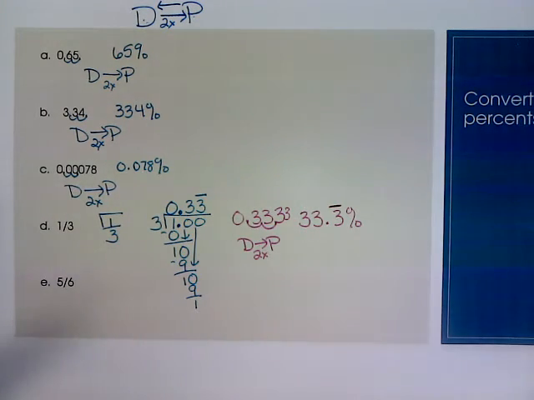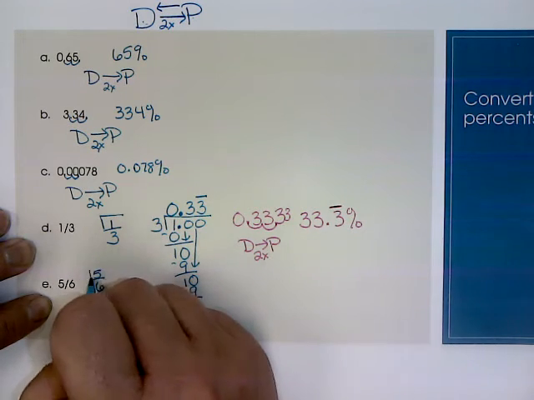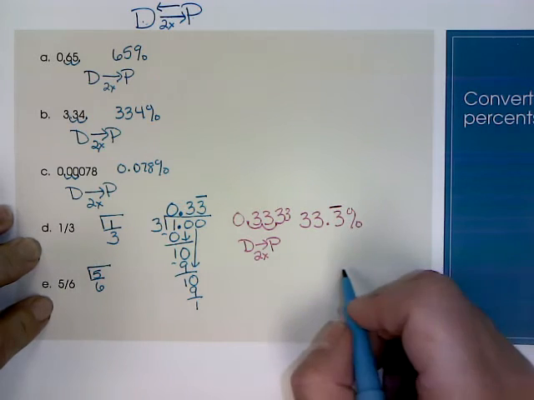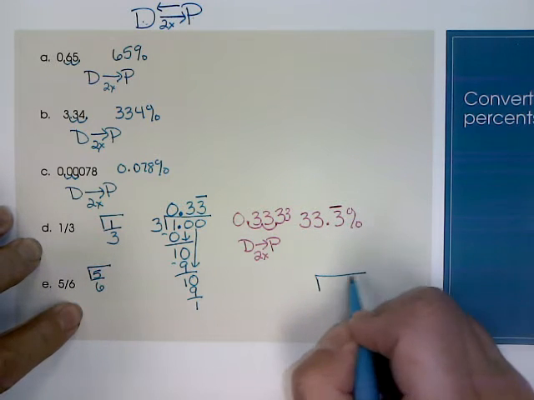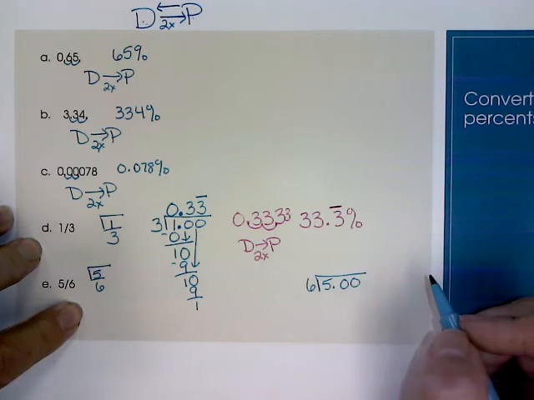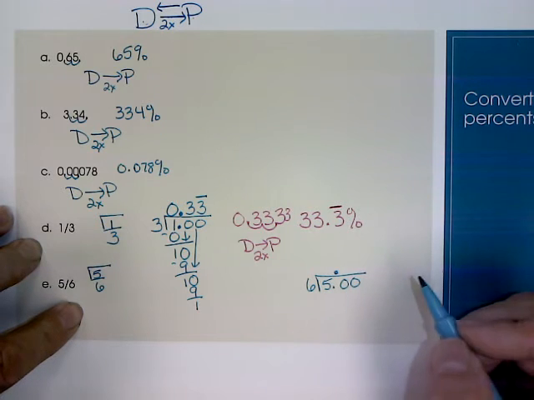Taking a look at the next one, same thing. Write it, top hat on the 5 if you don't know what it is and you haven't memorized that one. I'm going to go ahead and work it out over here. 5.00. Put a 6 over there. If you need more zeros, you can add them as you go. Move your decimal up.